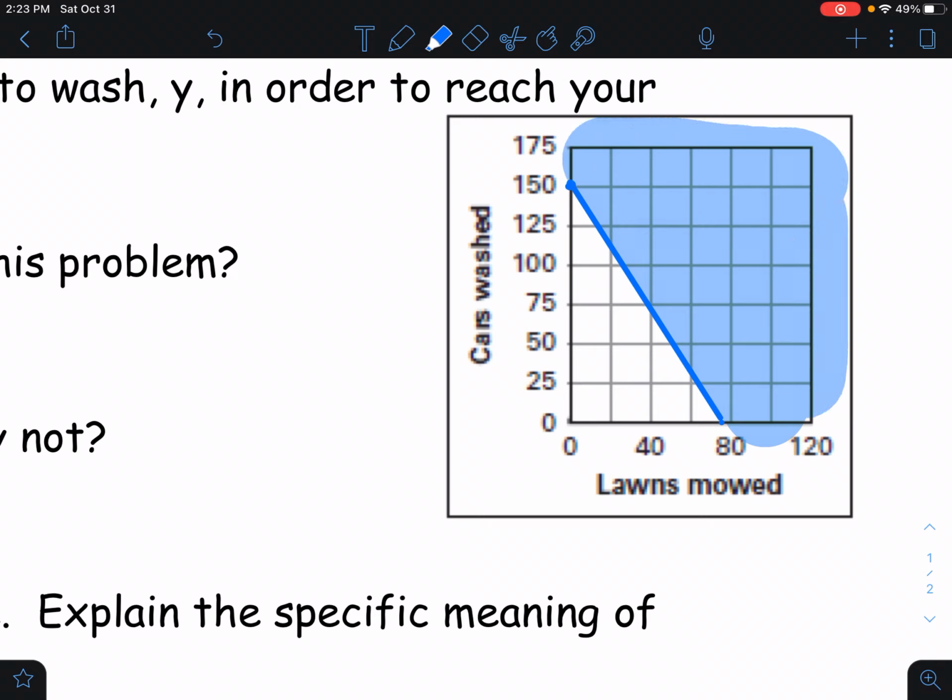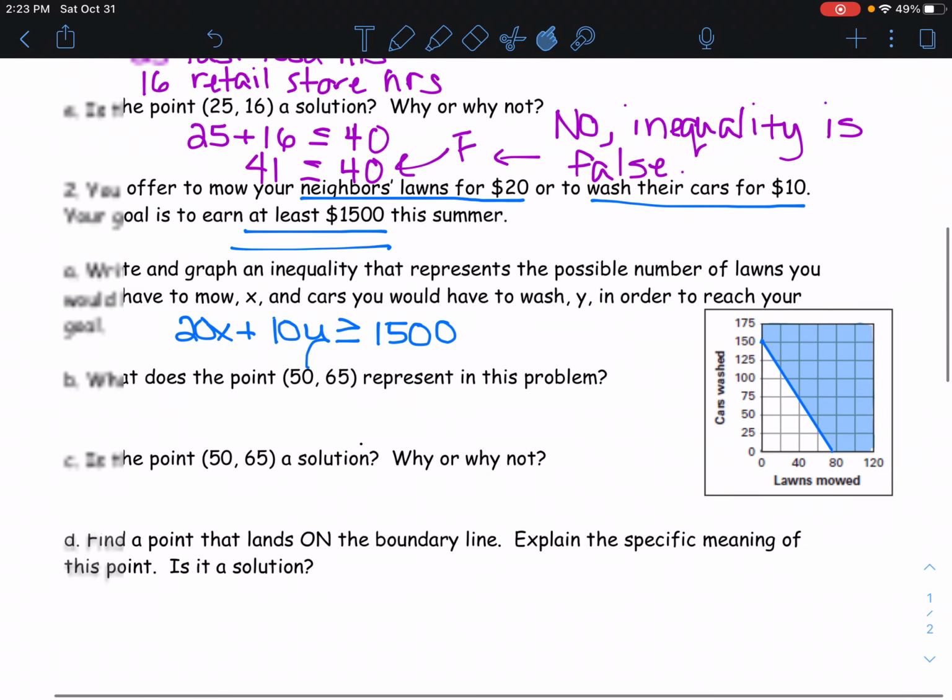Okay, so it's everything on this side. And once again, I'm going to clean this up a little bit. All right, a little better. So now I've got my shaded region.